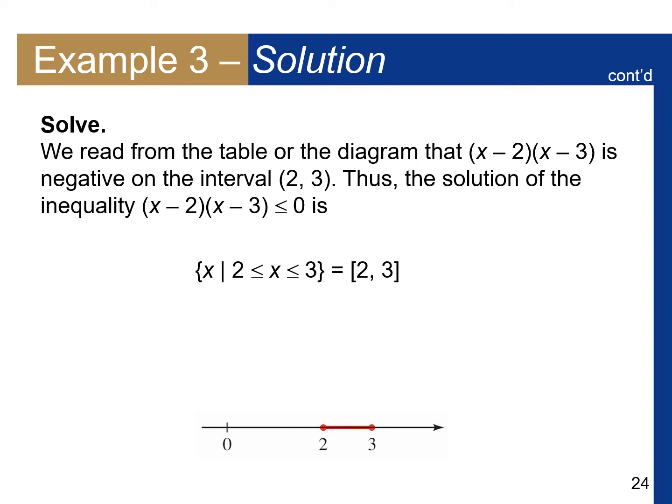You read this from inside out. It's included there because we have the inequality symbol with the equal sign, so we're going to have closed brackets. And this is how we would graph that right here to show our solution. Sorry, my crazy little circle.